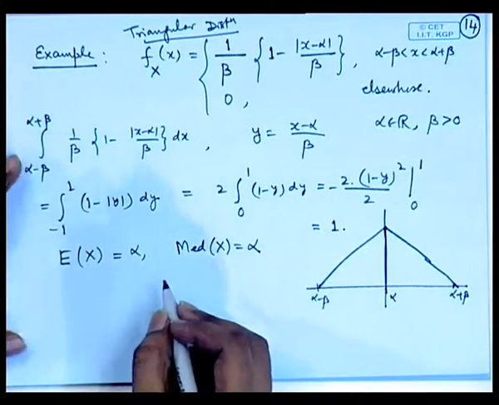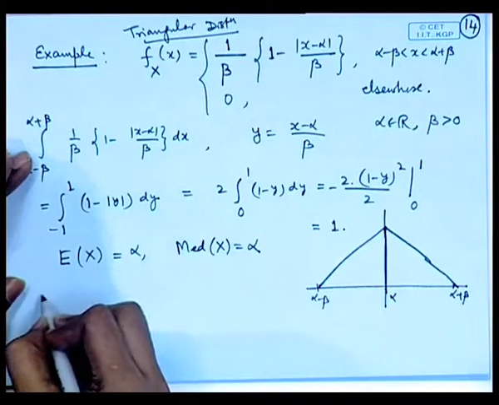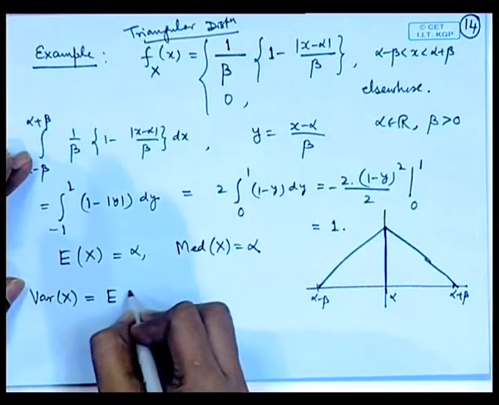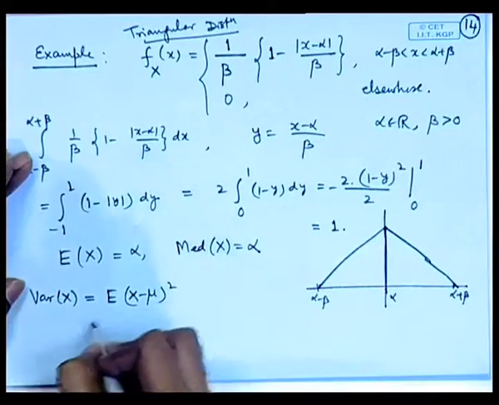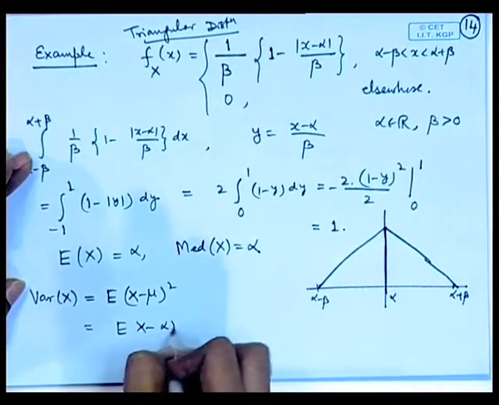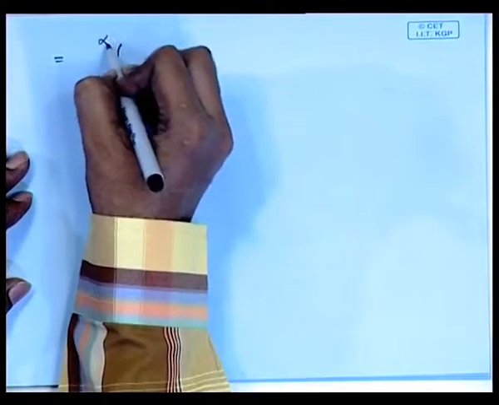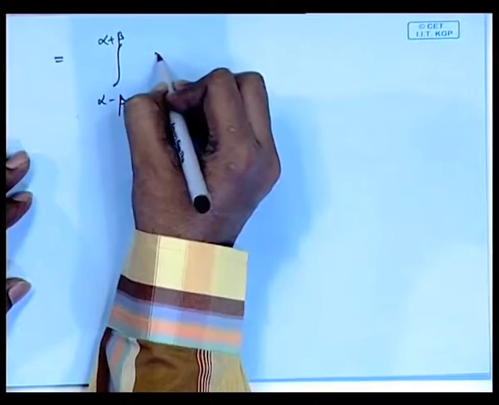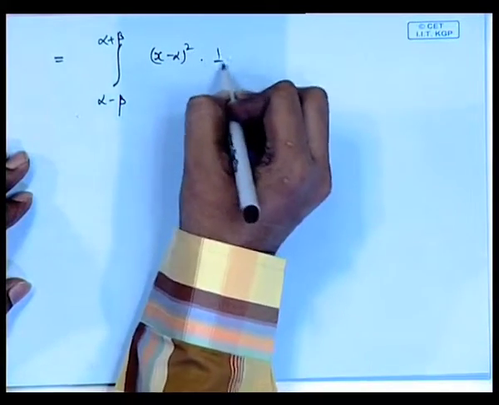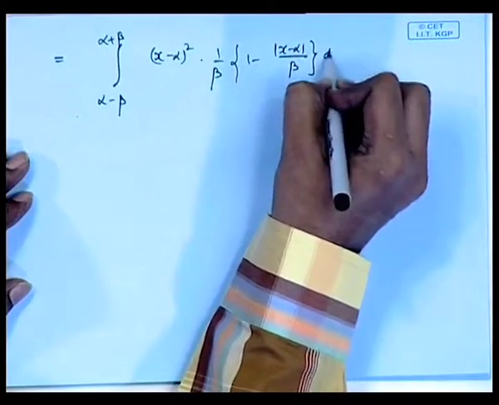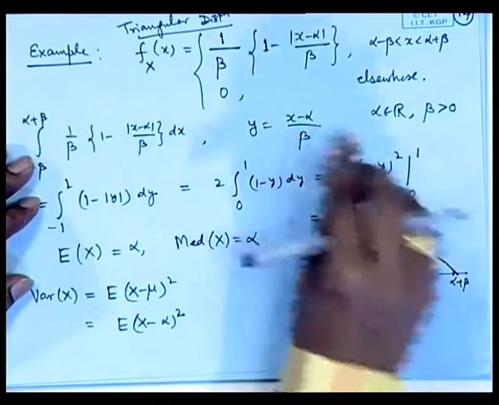Therefore, we can consider higher order central moments. Let us consider, say, the variance. So, the variance of x is equal to the expectation of x minus mu square, that is equal to the expectation of x minus alpha square. So, this is equal to the integral from alpha minus beta to alpha plus beta of x minus alpha square times 1 by beta times 1 minus modulus of x minus alpha by beta dx. In order to evaluate this, we can consider the same transformation y equal to x minus alpha by beta.